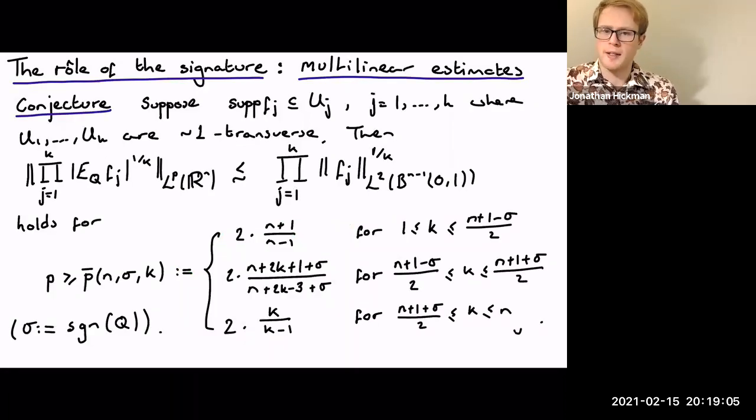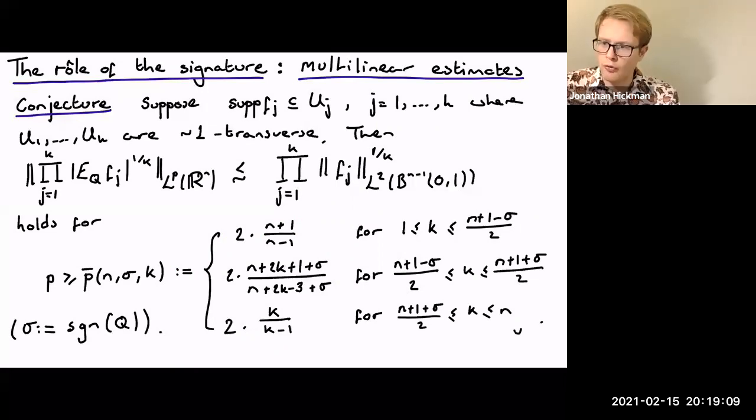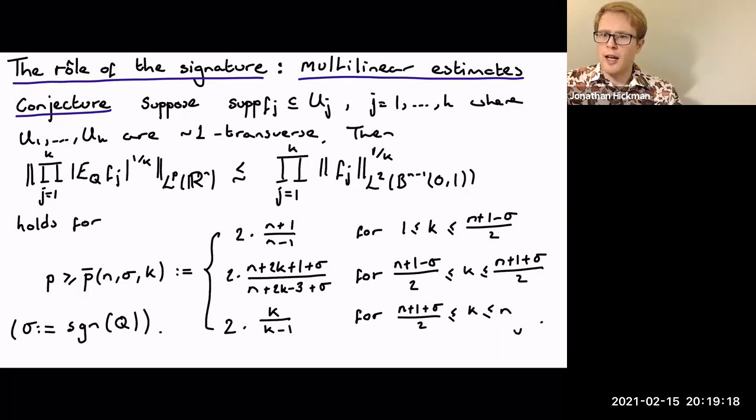So with this geometric definition, we can describe the multilinear setup. Here I'm going to state an L2-based multilinear version of the extension conjecture for these quadratic hypersurfaces. Suppose we have a k-tuple of functions defined on our parameterization domain that satisfy the following transversality condition. So each function fj is supported in some set uj, and these uj sets form a transverse family.